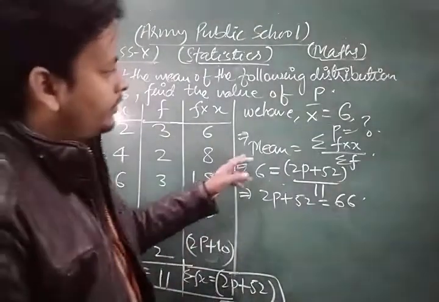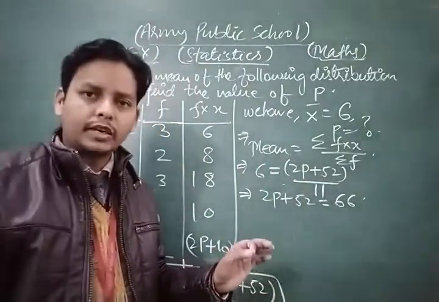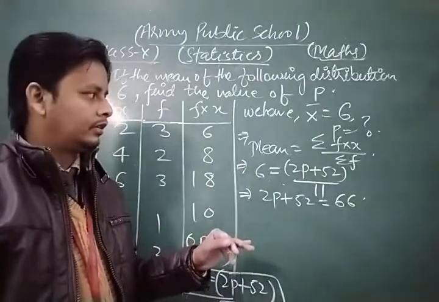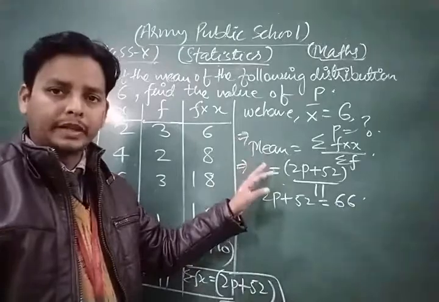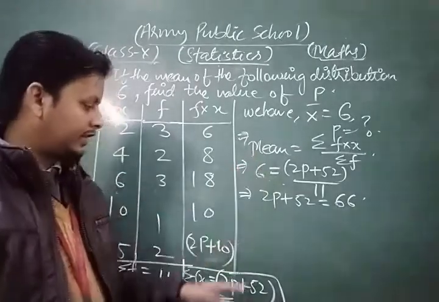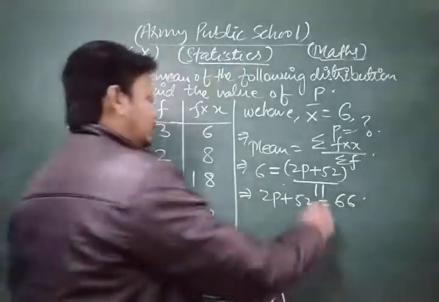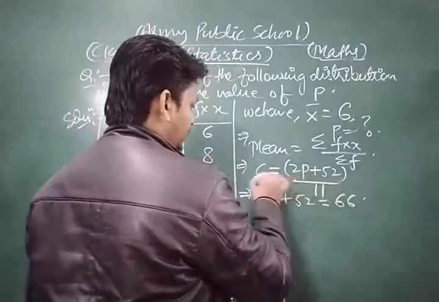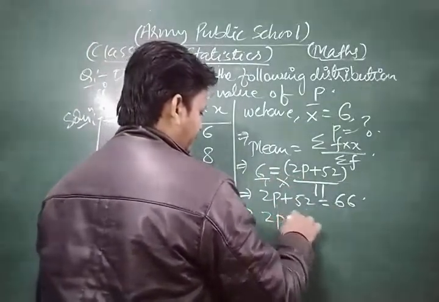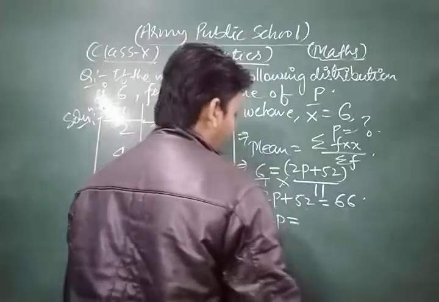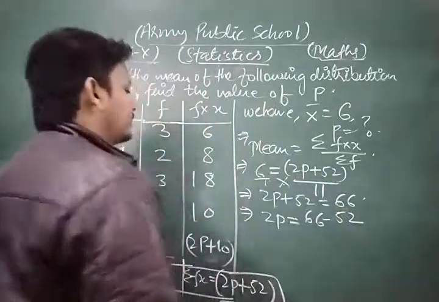First of all we apply the formula for mean, which is sigma f into x upon sigma f. In that formula we put the value of mean, sigma fx and sigma f. Now we do the cross multiplication. 11 times 6 is 66, and the other side is 2p plus 52. So this implies that 2p is equal to 66 minus 52.